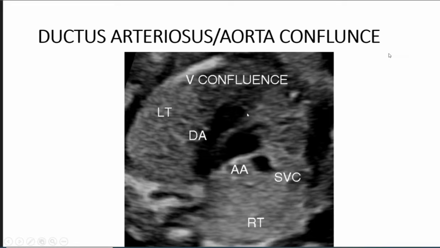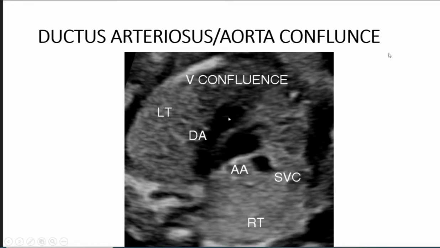Above the 3-vessel view, if you just move the transducer without rotation, we will get 3-vessel tracheal view. The 3-vessel tracheal view is nothing but continuation of pulmonary artery into ductus arteriosus, continuation of ascending aorta into aortic arch.